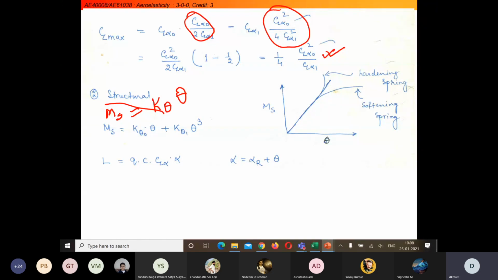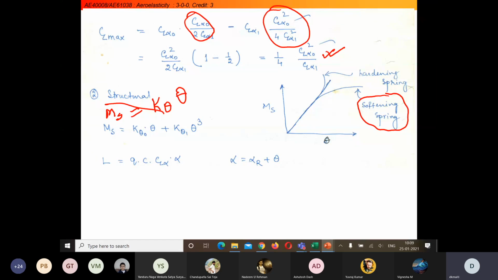That is some kind of softening behavior of the aerodynamic theory.